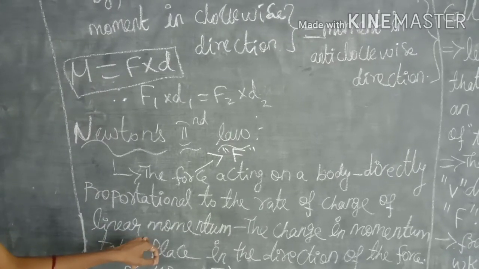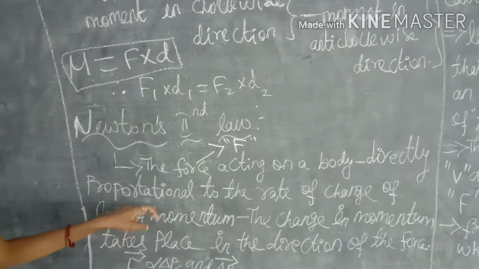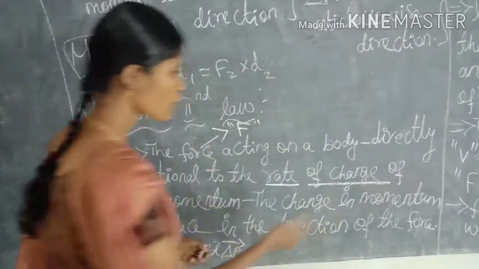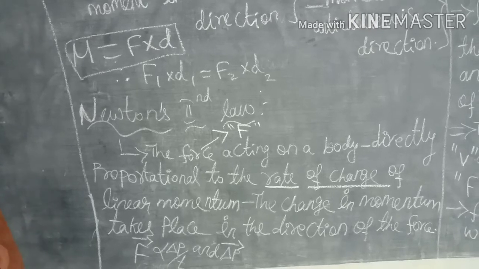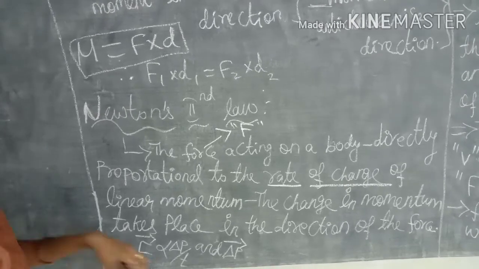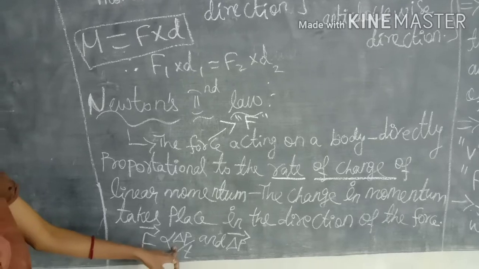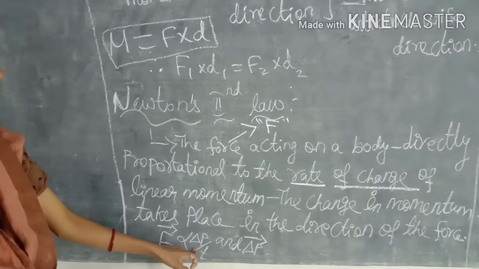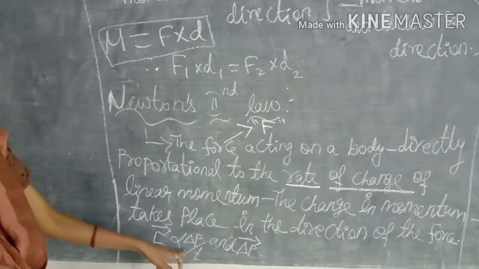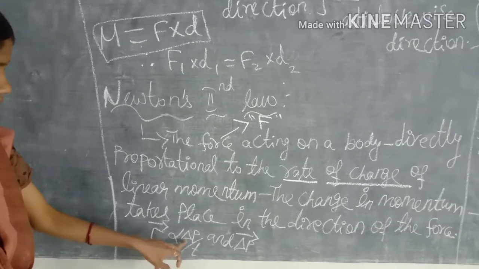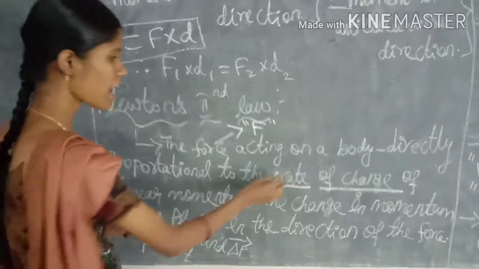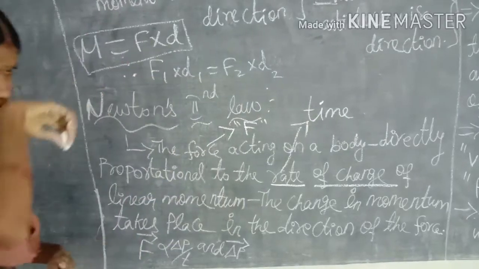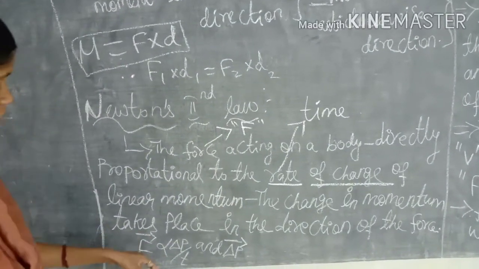Linear momentum is denoted by capital P. Change is denoted by the symbol del, which you have already studied in maths class. Rate here refers to time, because for the process some time is required.